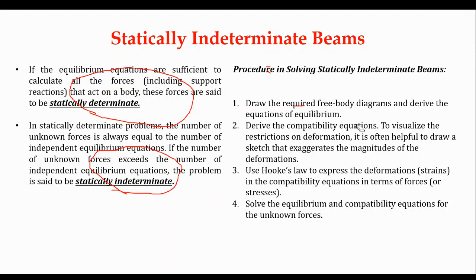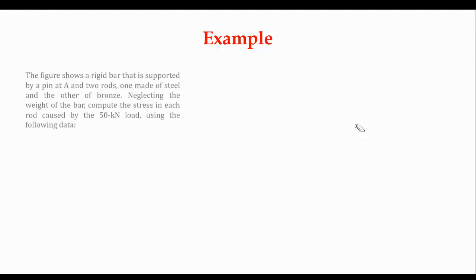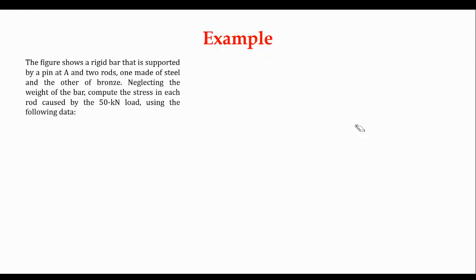And then number 4, pag nanakay na ang number of equations, imuha na dayon ang algebraic solution to find one of the unknown forces. Okay, so to get my point, let's have an example. Alright, so the figure shows a rigid bar that is supported by a pin and two rods, one made of steel and the other is bronze.